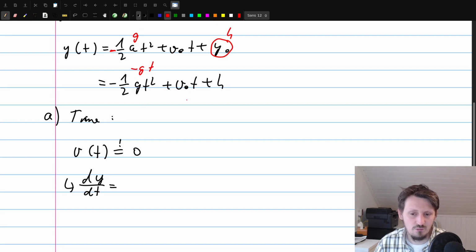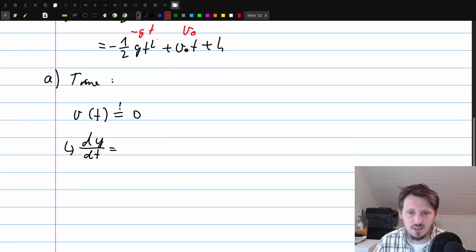The derivative of v0 t with respect to t will just give v0. And of course, h can be ignored because it's just a constant value. And this means that now our derivative can be written as minus g t plus v0, and this is equal to 0. And this is then our equation which we have to solve for t.